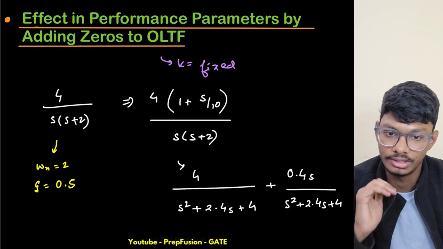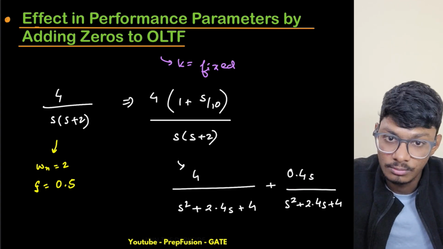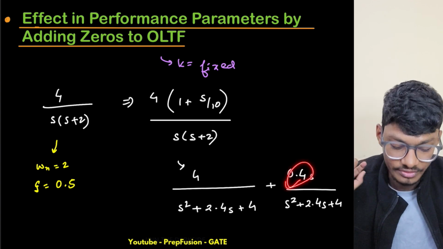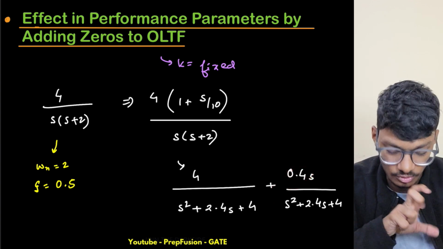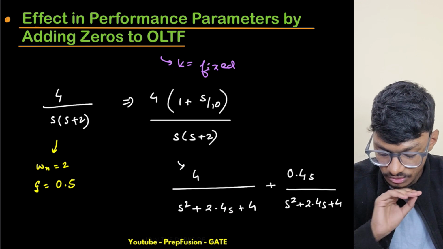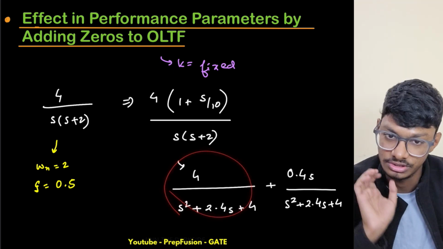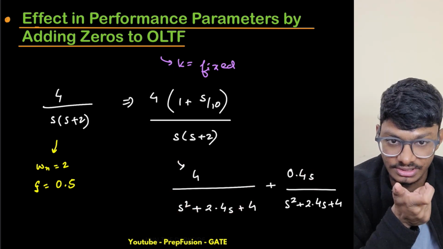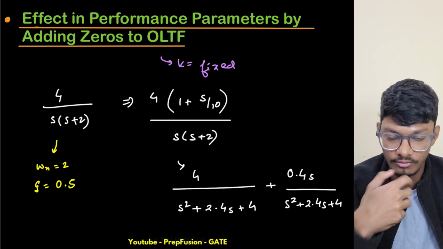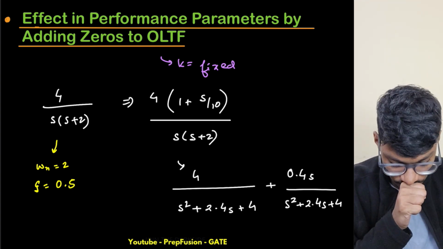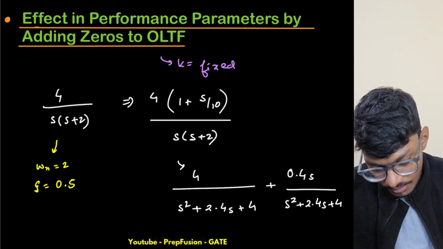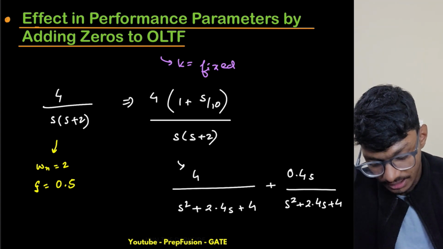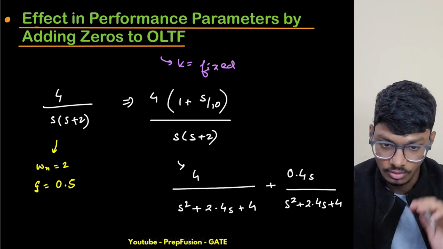As I have added a pole much further away, the coefficient is very low, 0.4. 0.4 times this response is lower compared to this, so this response is still dominating. S means the differentiation, which we have already done in the basics. So I'm ignoring this now.